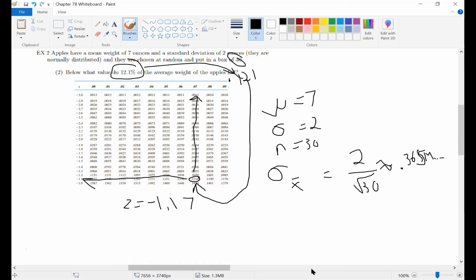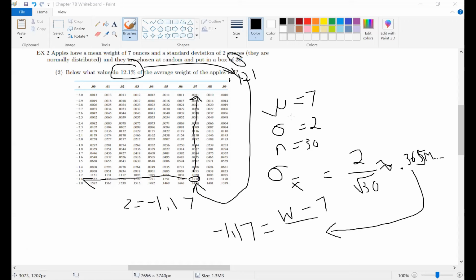Now we can use the z-score formula. So negative 1.17 is equal to the value we're looking for, we'll call that weight, minus 7, divided by this. So we multiply that number we got by the negative 1.17.